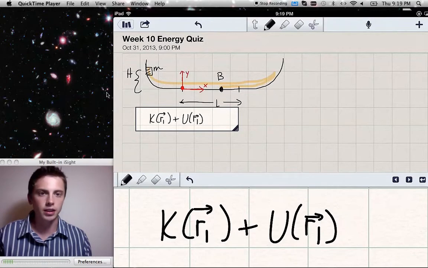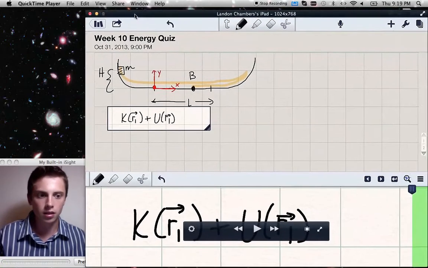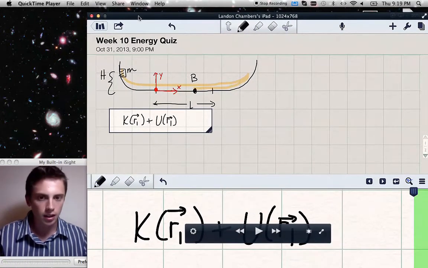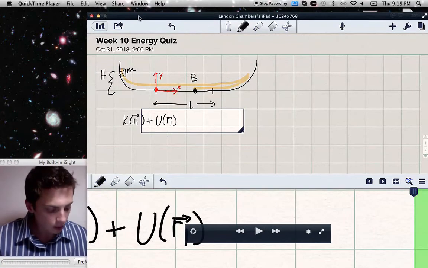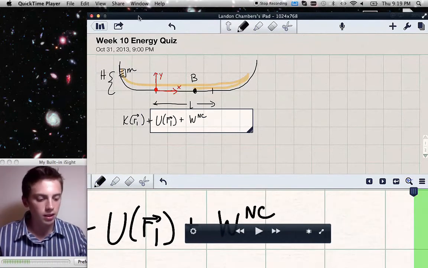Let me go ahead and fix this real quick. Should have a little more on that side. Plus the work done by non-conservative forces, that's what the NC means.